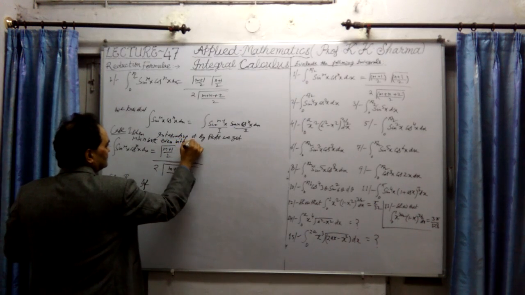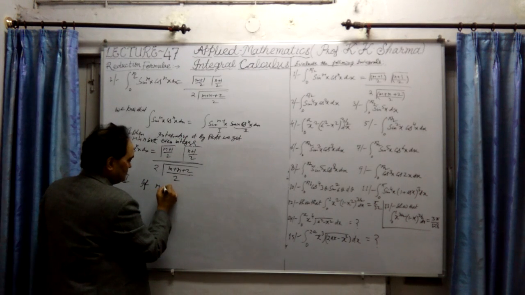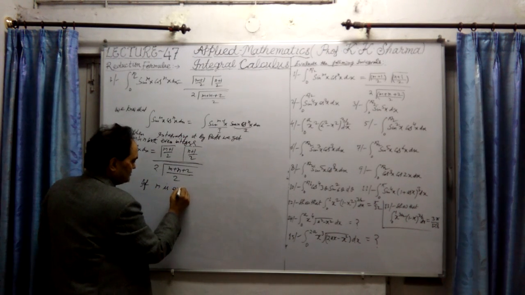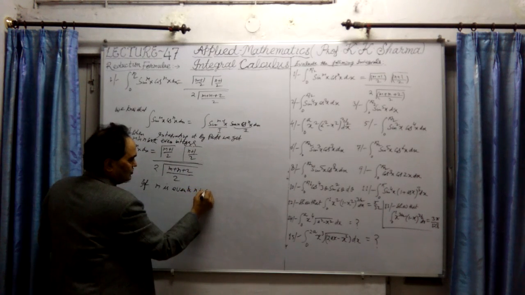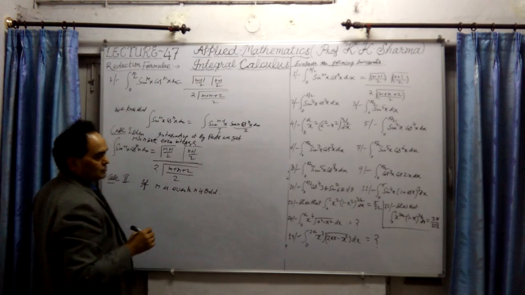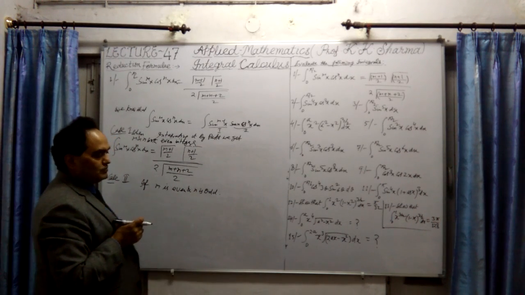Both are even integers. So the first case. Second is if m is even and n is odd.